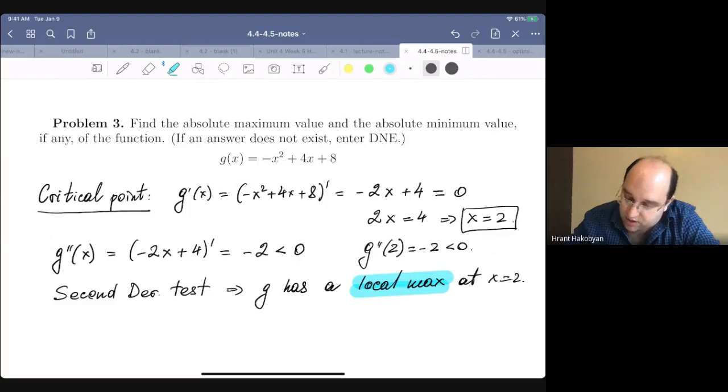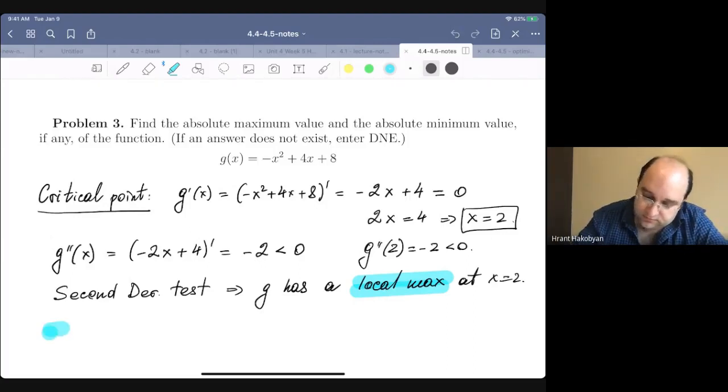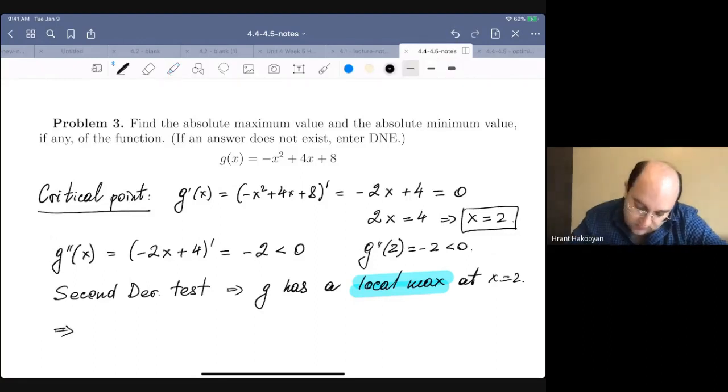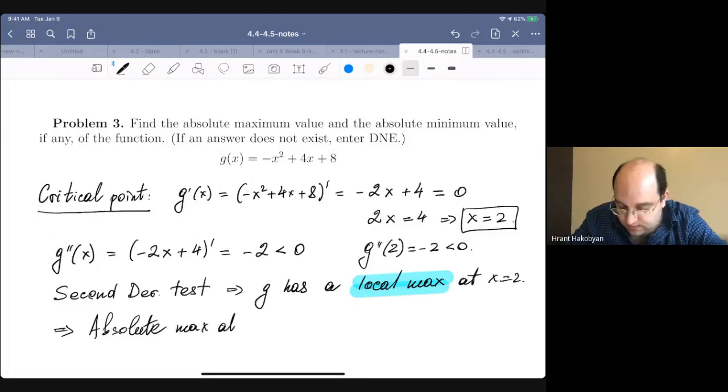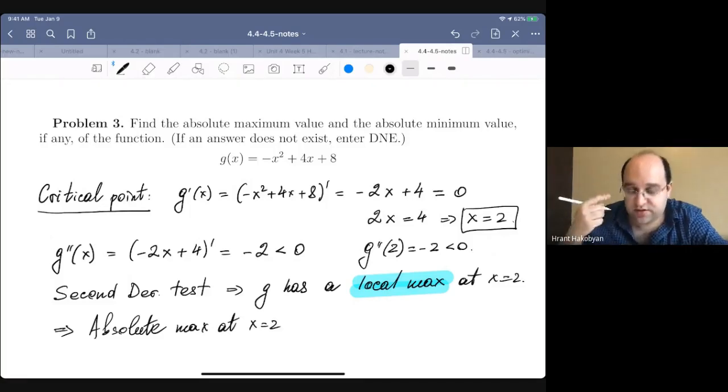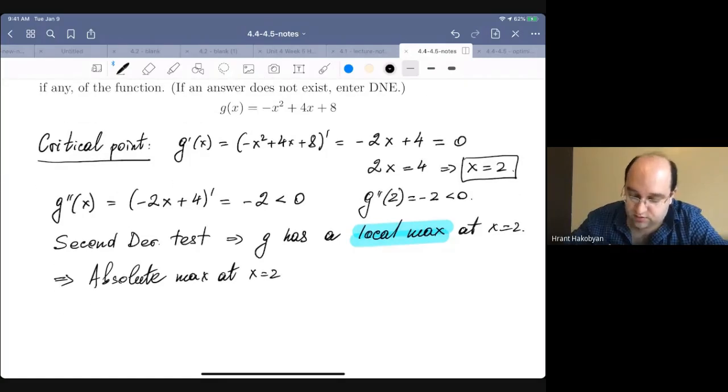And because it's a maximum, because the second derivative is less than 0, it has to be an absolute maximum at x equals 2, because there is just one critical point.